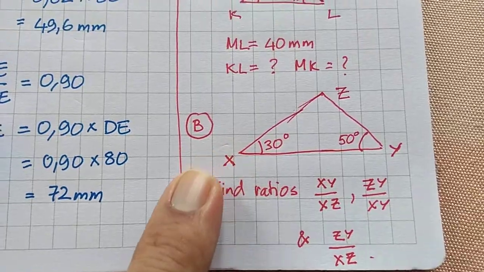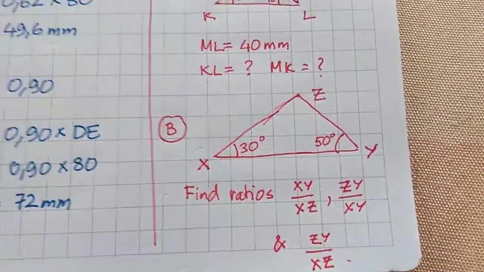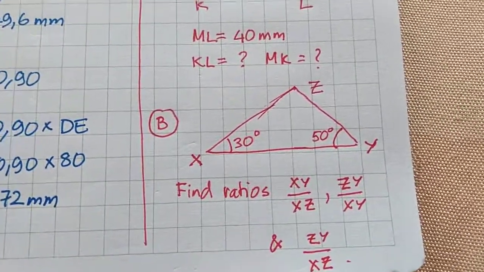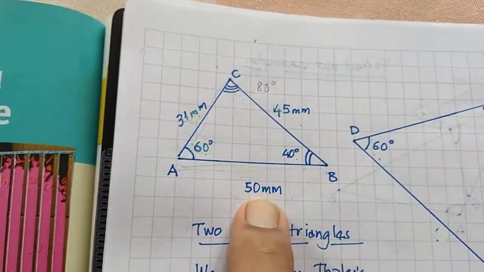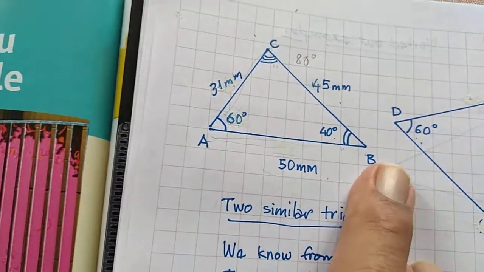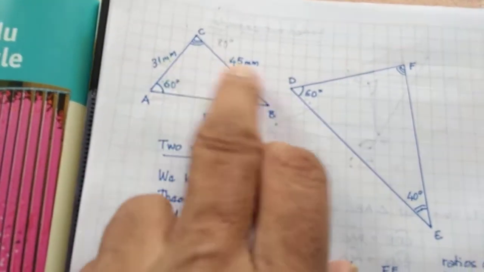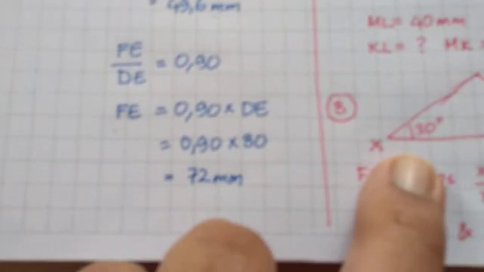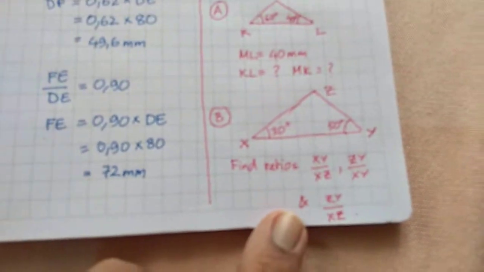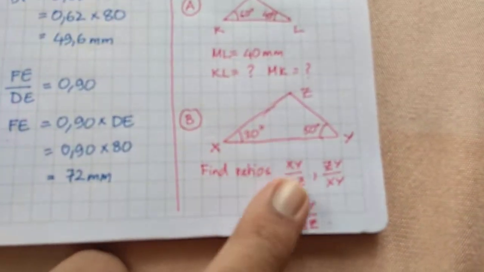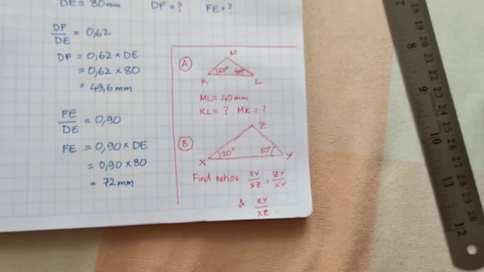So these three ratios I want you to calculate. How will you do that? How did I do it here? I took a random number, 50 millimeters. I drew this with these angles, and then I measured those two sides. So that's what you do here. You draw this triangle, and then you measure the three sides, and you calculate.